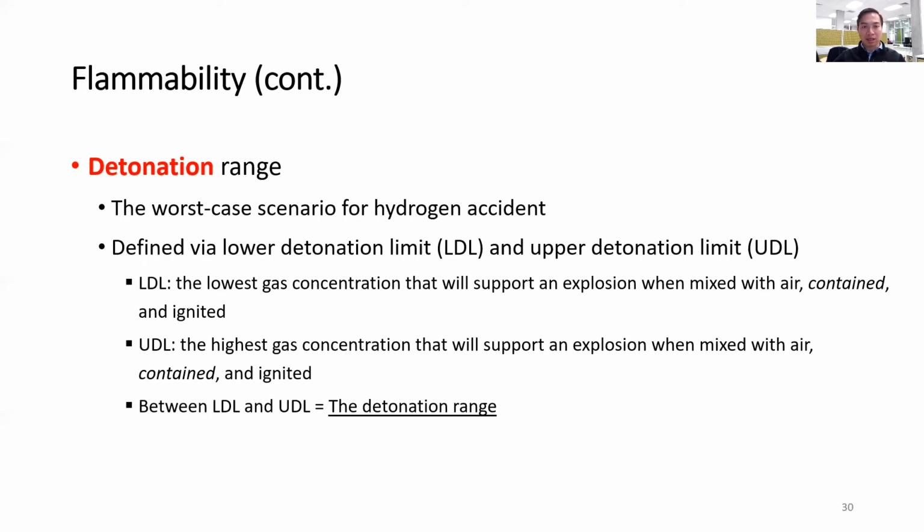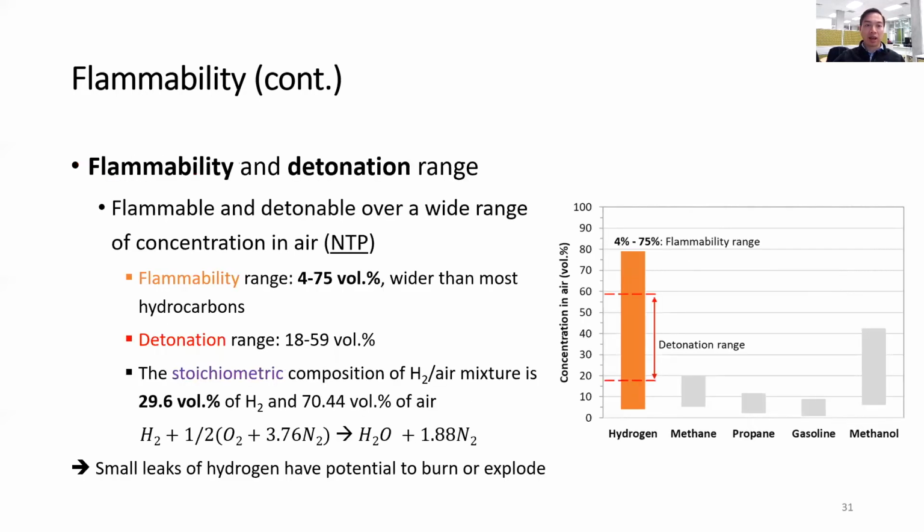All right, so that's enough of the definition. When it comes to hydrogen, the flammability and detonation range is given in this slide. Again, these numbers are based on NTP conditions, normal temperature and pressure, 20 degrees C and atmospheric pressure.